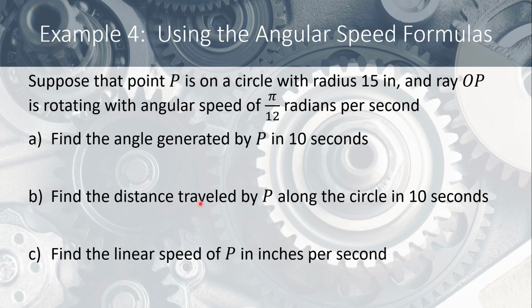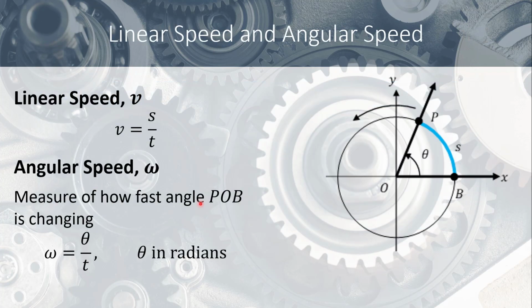Suppose we have a point on a circle with radius 15 inches and a ray OP which is rotating with an angular speed of pi over 12 radians per second. So in this particular case, r is 15 inches, and this thing is moving with a speed of pi over 12 radians per second.